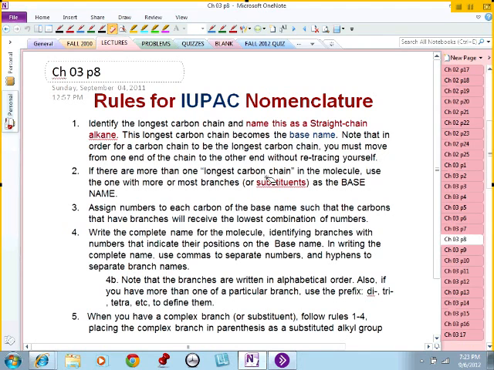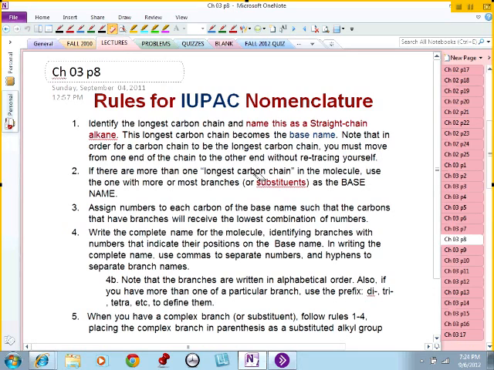And of course, the second one, if you have more than one longest carbon chain that could be used as a base name, you have to choose the one that has the most branches.